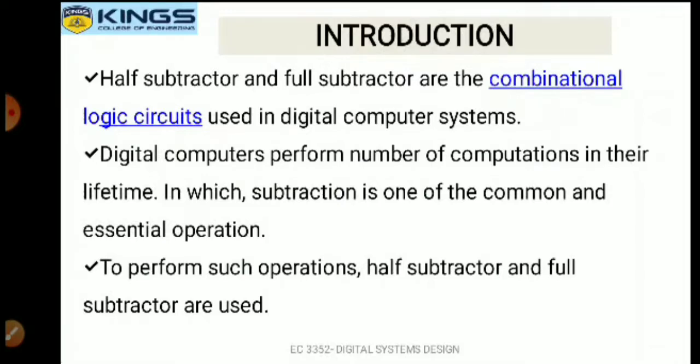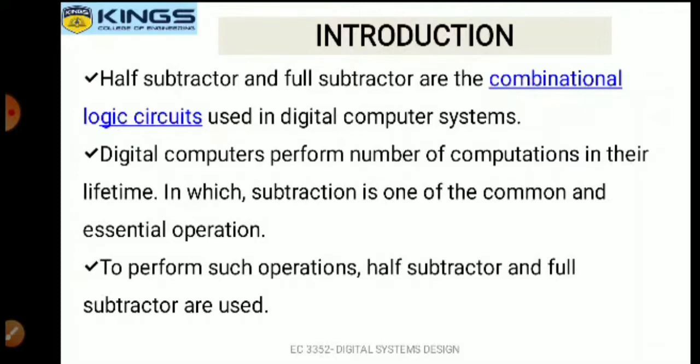Before getting into our topic, half subtractor and full subtractor, let me tell you the design procedure for combinational logic circuits. Designing combinational logic circuits includes 5 steps. Step number 1, define the inputs and outputs. Step number 2, draw the schematic representation of the concept.